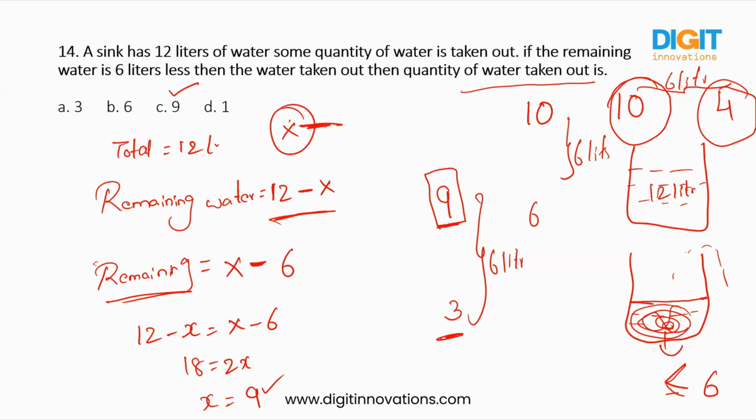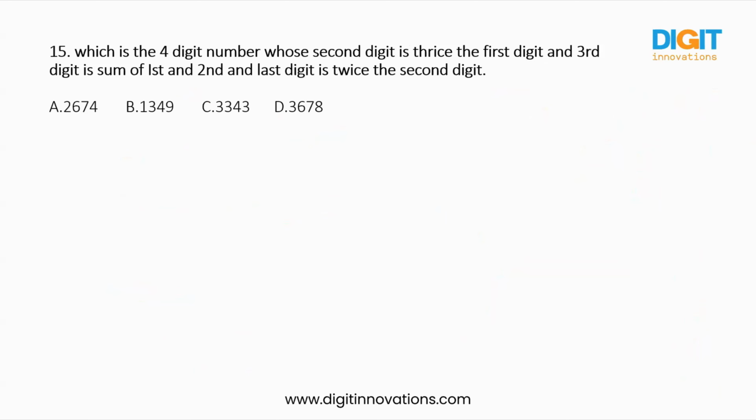Next one. Which is the four-digit number whose second digit is thrice the first digit, third digit is the sum of the first and second, and last digit is twice the second digit. So first let us write the conditions they have given. There are four digits. Let us take A, B, C, D. This is a four-digit number.